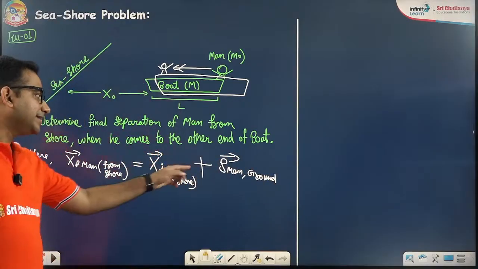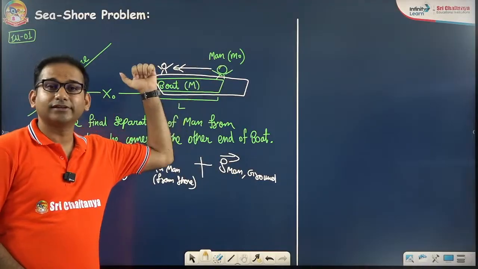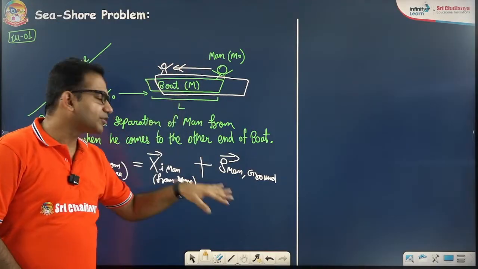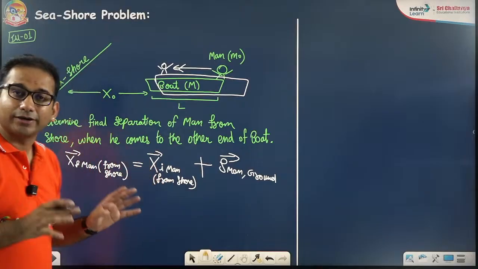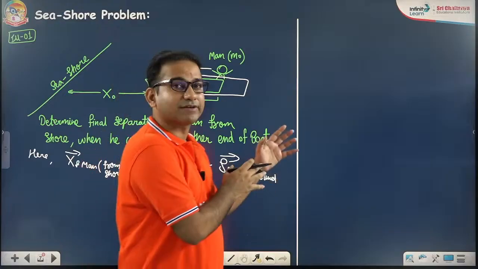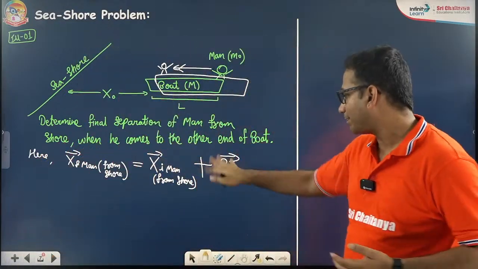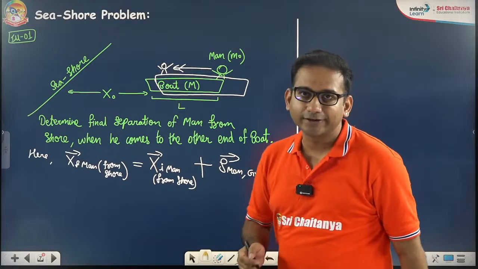Now, why are you adding this, sir? Because obviously I will add the displacement, since that will be happening in the negative left direction, I'll substitute it as minus. But logically what you need to understand is that I am standing over here. Now you will displace me somewhere. So my final separation or position vector will be the initial position vector plus the displacement you have provided. All right.